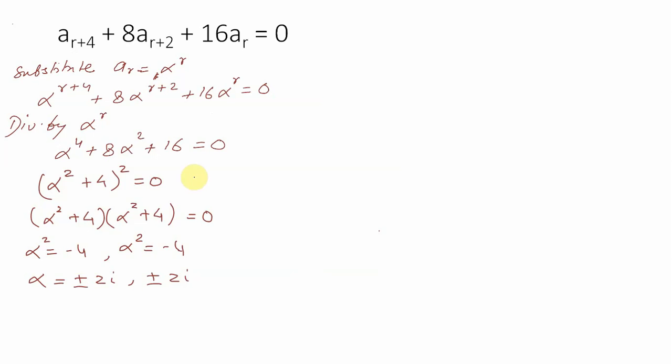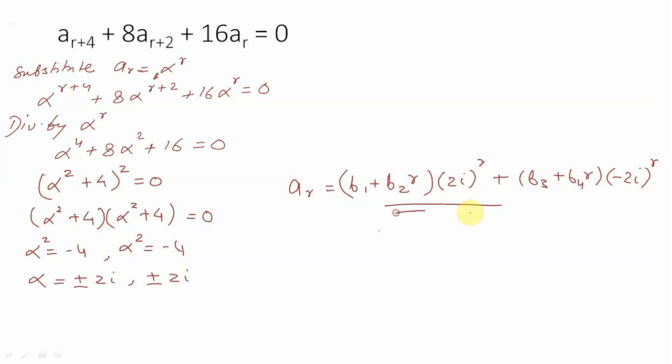Using this method, I'll get the expression as AR is equal to (b1 plus b2r). As the multiplicity of the roots is 2, they are repeated twice, so it will be a polynomial of 2 terms. So I'll get (b1 plus b2r)(2i) to the power r plus (b3 plus b4r)(minus 2i) to the power r. This is the required solution of the recurrence relation.